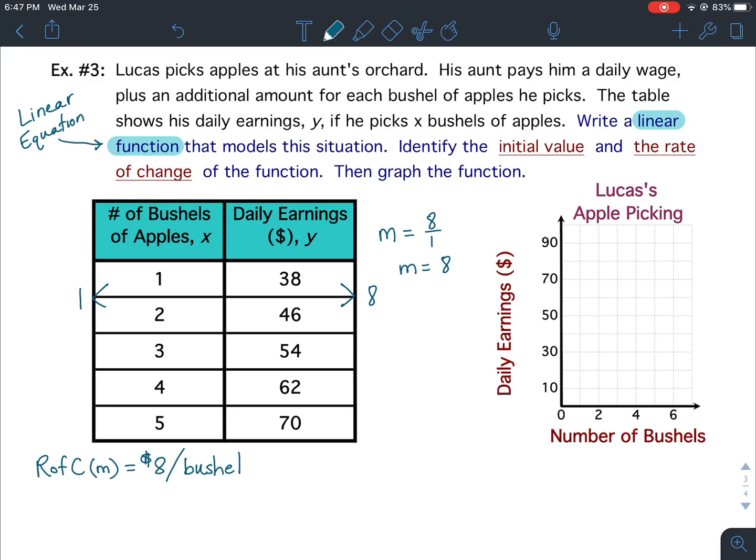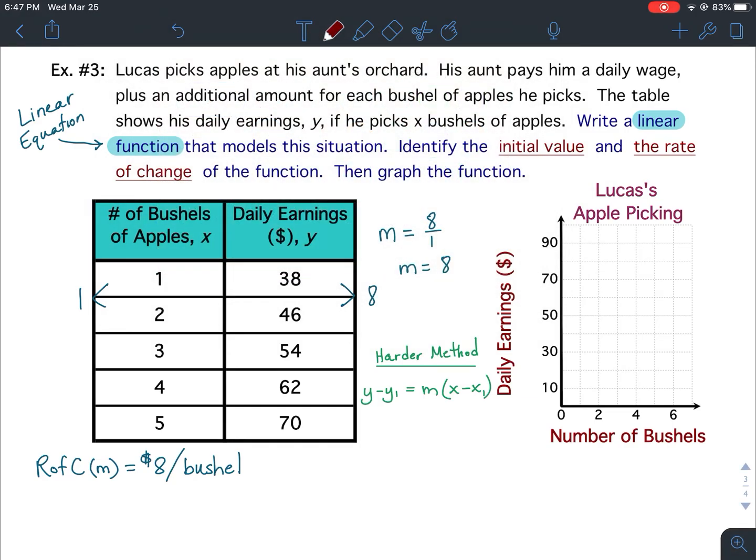Now this is going to be the harder way, so I want you to actually put harder method. We're going to use point-slope form, which means we put y minus y1 equals the slope times x minus x1. Do you remember doing this? We did this several lessons ago.